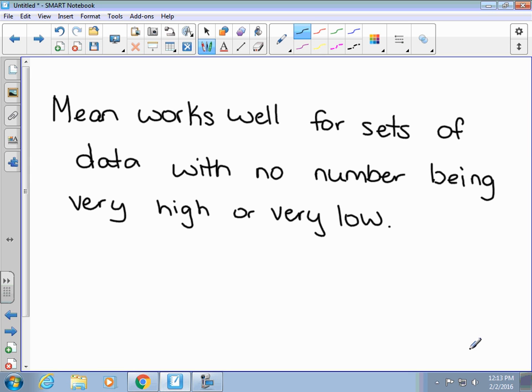If you have numbers that are really high and then really low, like if our scores a minute ago were 99, 92, 86, and then I went down into the 20s and teens, mean is not going to be a very good average of my set of numbers.